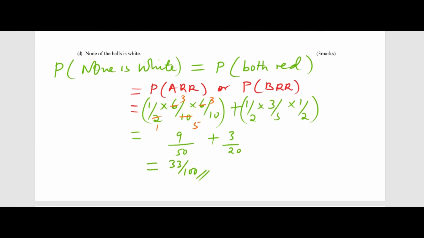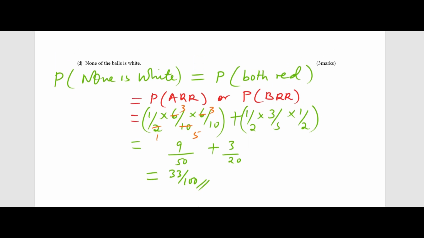So that is how we get the probability that none of the balls is white.